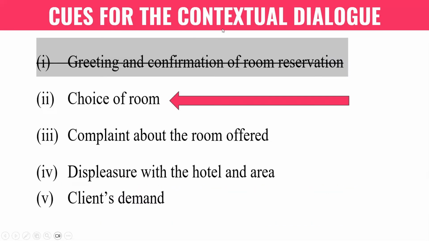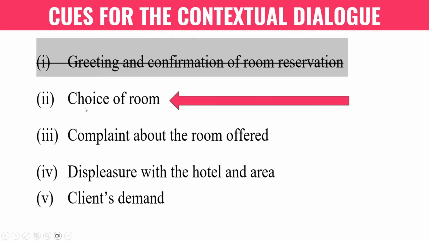And we're looking back at the cues for the contextual dialogue, which is always important. You always want to look back at your cues to know what information needs to be included in the dialogue. So here we have already completed the greeting and confirmation of room reservation.